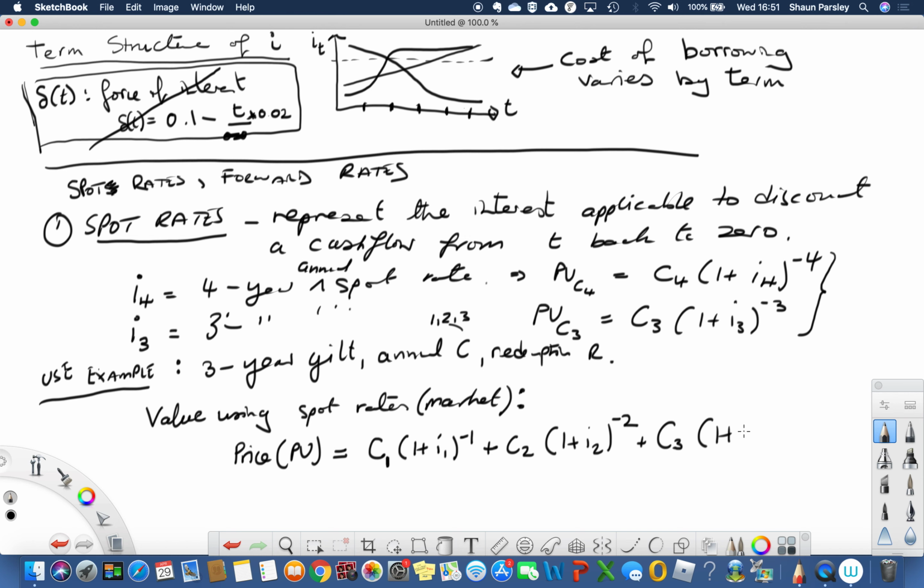Remember, it was a 3-year bond, so we're rapidly coming to the end of this, plus R times 1 plus I3 to the minus 3. Okay. So you can see we've used the various spot rates to value this bond.